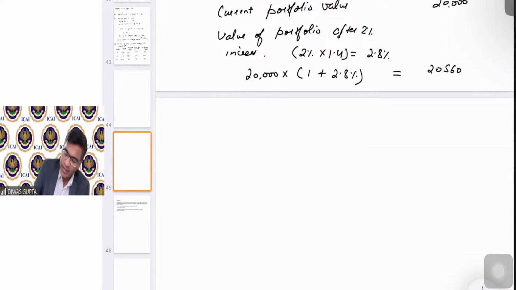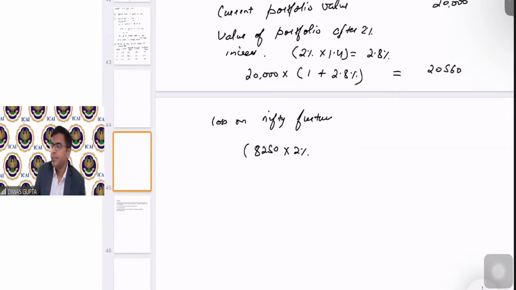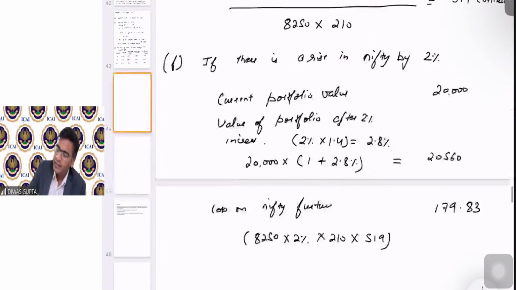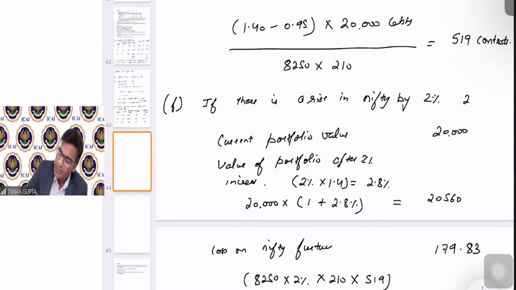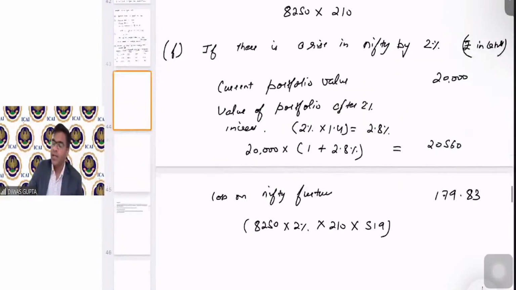Okay, so let's arrive at the loss on Nifty futures, which is 8250 into 2%, for 210 lot and 519 contracts. Okay, students. So the total loss here will be 179.83 lakhs. So all this we are doing in rupees in lakhs. 179.83 lakhs.